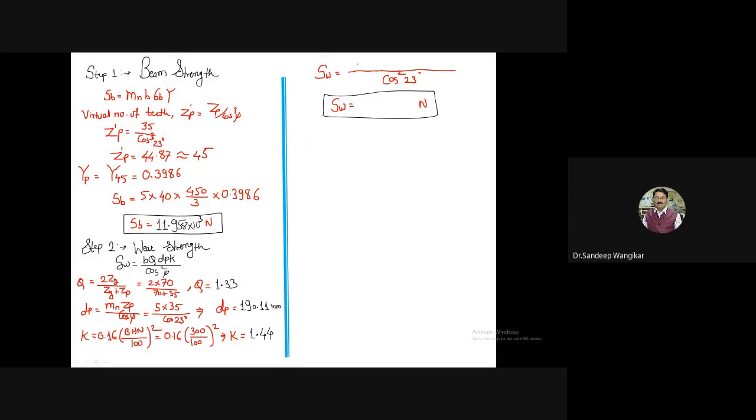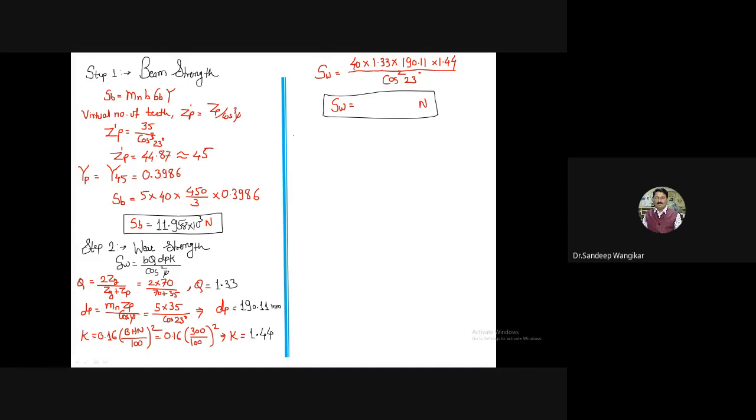SW is equal to BQ dPk. So substitute the value 40 into Q value 1.33 into dP value 190.11 into K 1.44.